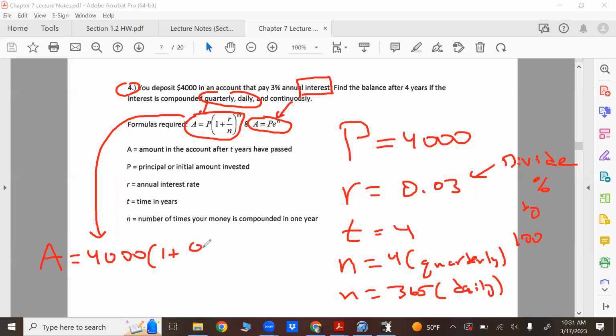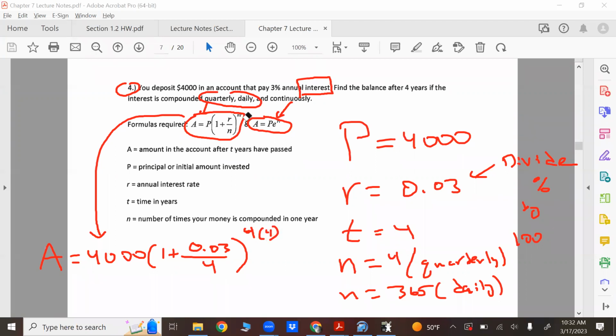So you do 0.03. 4,000. Okay, so it's 4,000 times 1 plus 0.03 divided by 4, to do quarterly, and an NT, 4 times 4.